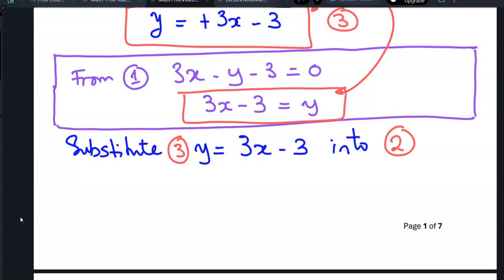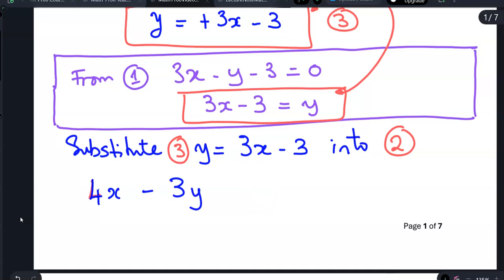So my equation number 2 is, I just want to write this down, 4x minus 3y minus 14 equal to 0. If I bring 14 over to the other side, I should not skip that step.